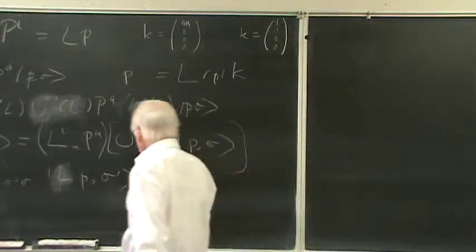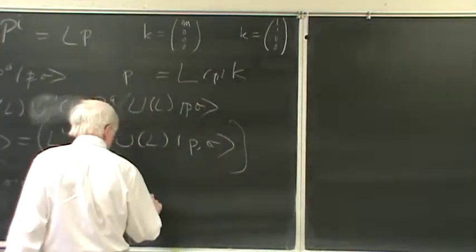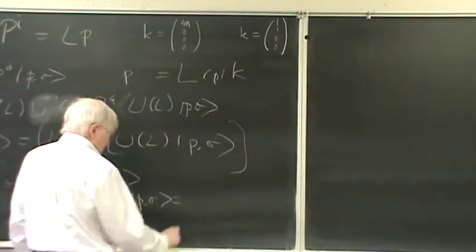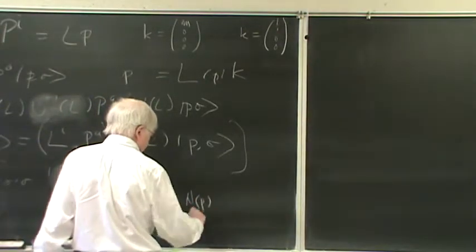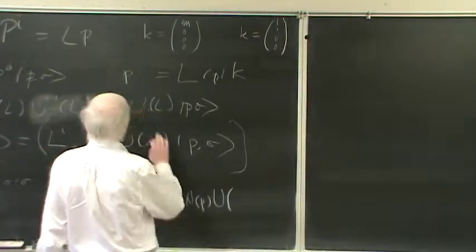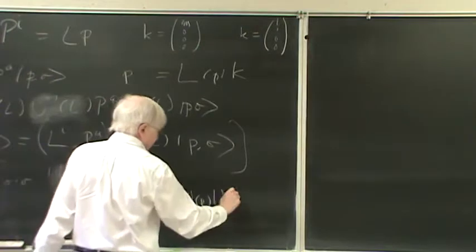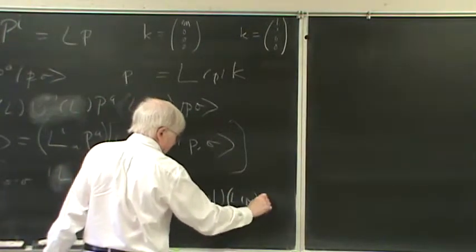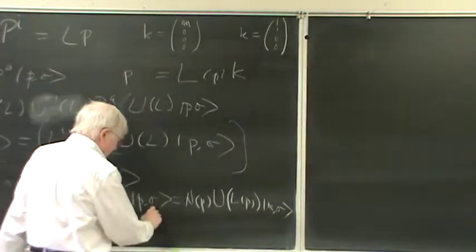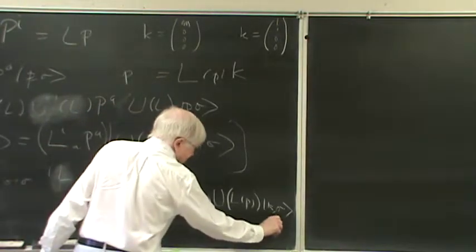And in particular, we'll be able to define a state P sigma as being some normalization factor, a unitary transformation associated with L of P on a state K sigma. And in particular, we're going to keep these sigmas the same.